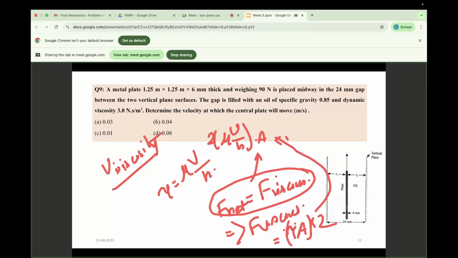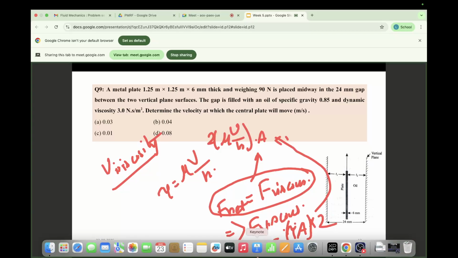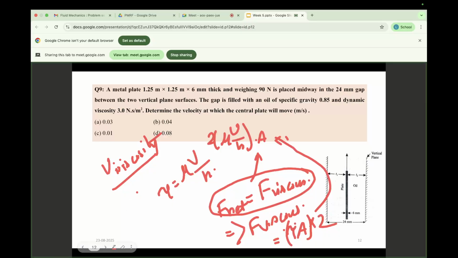What is F net you have calculated earlier, that is 11.83, so no need to calculate F net. So after finding out, see this value.